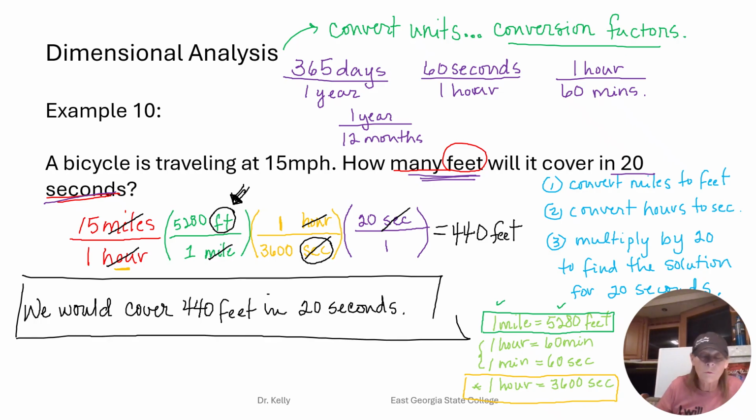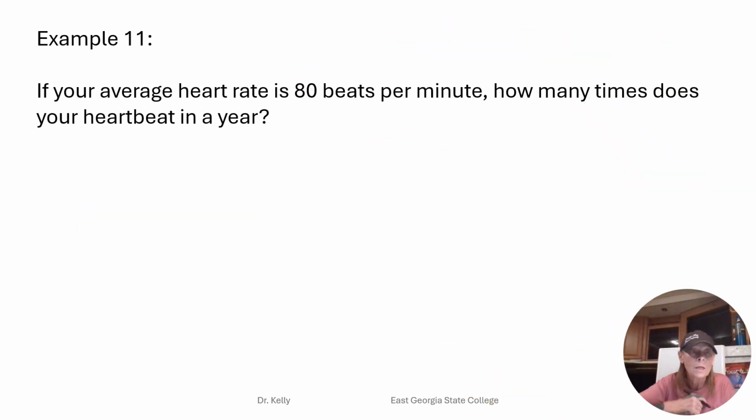Couple more. Here we go. If your average heart rate is 80 beats per minute, how many times does your heart beat in a year? Now, this one I want you to do. Okay, I'm going to give you about 2 minutes.